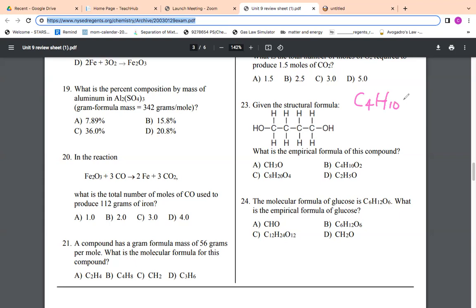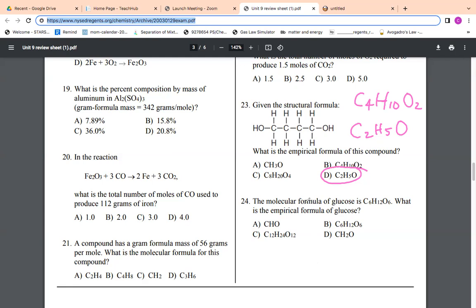And there's 1, 2 oxygens. Now, this is the molecular formula for this compound. We want to know the empirical formula, so you have to find a number that all of them are divisible by. They're all divisible by 2. So our new numbers would be 2, 5, and just 1, but we don't write ones. So we would end up with choice D.